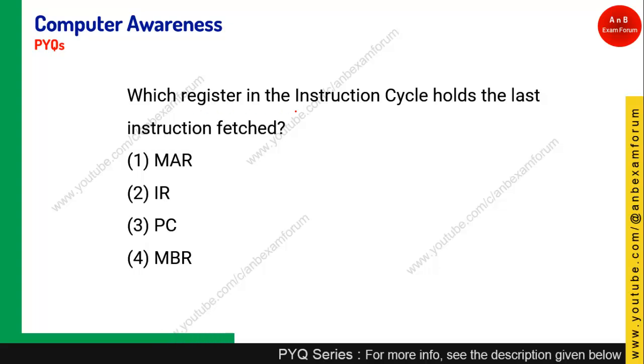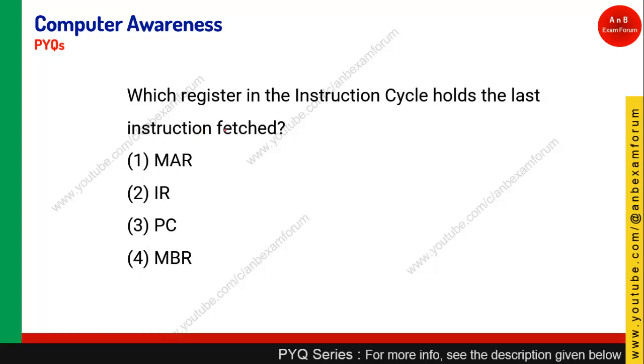Coming to the next, which register in the instruction cycle holds the last instruction fetched? Let's see one by one. The memory address register is going to hold the address of the data. The instruction register is going to store the instruction that is currently being executed, whereas the program counter is going to hold the instruction which is going to be executed next after the fetching.